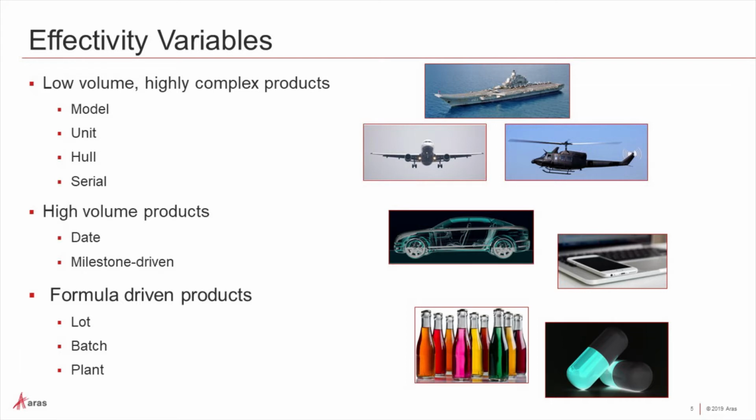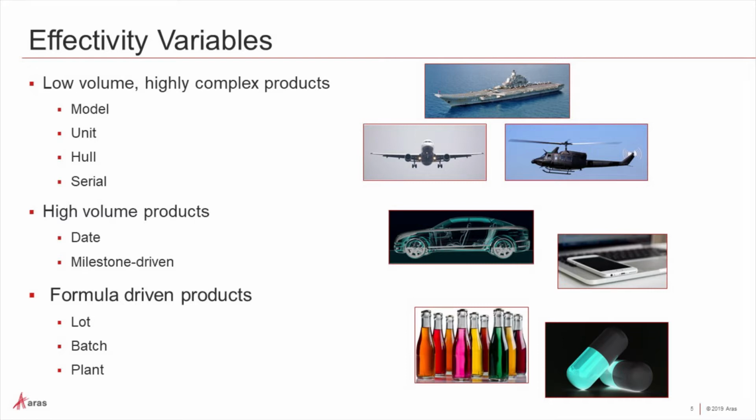But if we look across industries, we see that there are several different commonly used effectivity factors. For example, in low volume and highly complex products such as in shipbuilding and aerospace industries, we see model, unit number, hull number, or serialized number as commonly used effectivity variables.